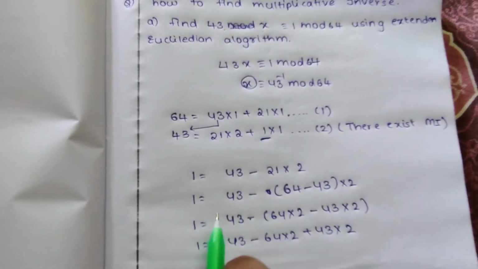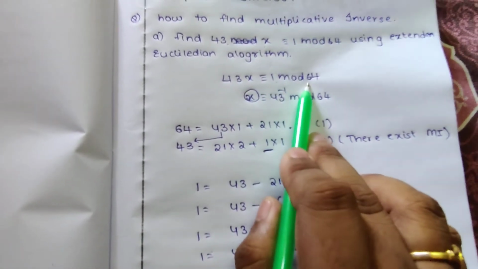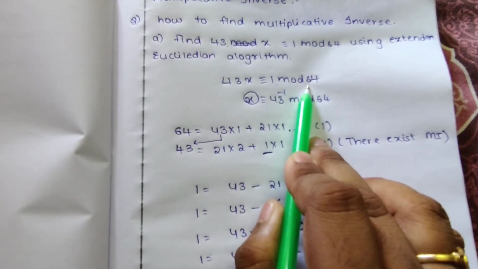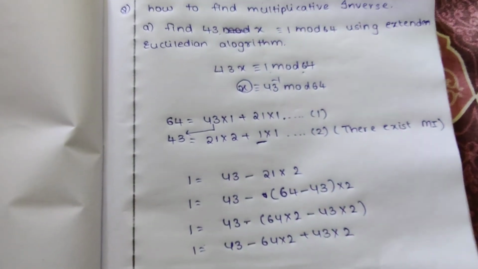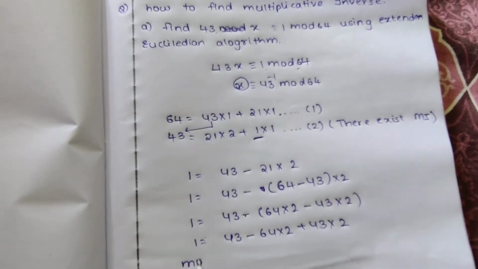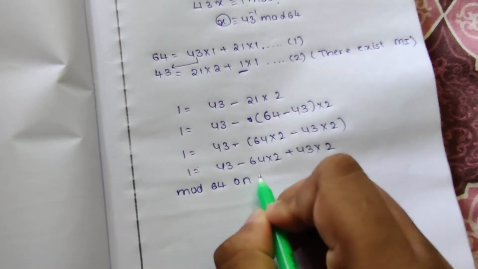Now we have to find x. If we apply mod 64, we will get the x value. Now you apply mod 64 on both sides.